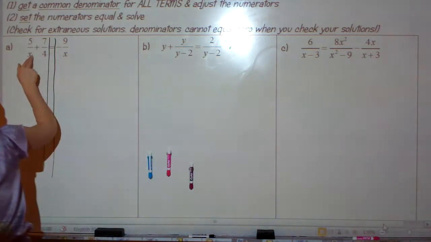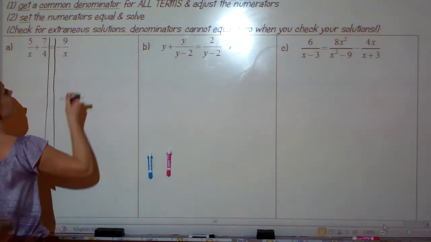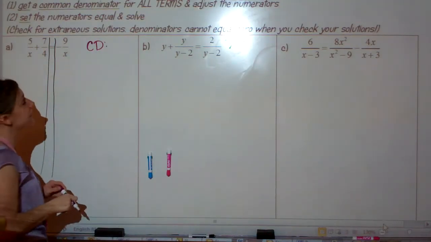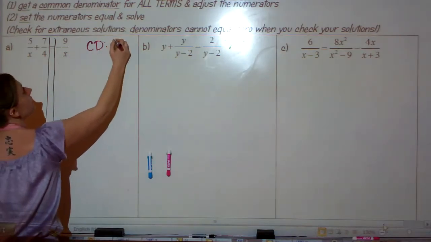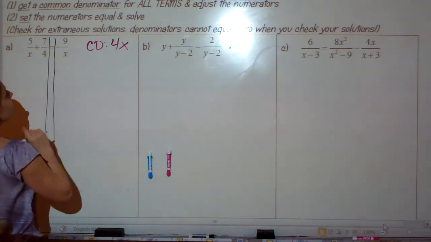So when you look across these three fractions, okay, let's go off to the side and let's list the common denominator. So I'll say CD for common denominator is 4x, okay? That way they all have a 4x.